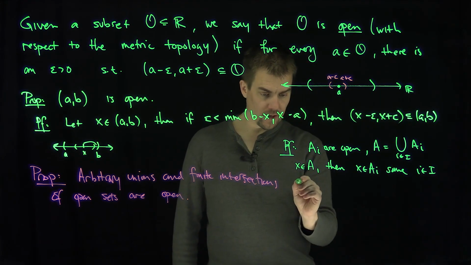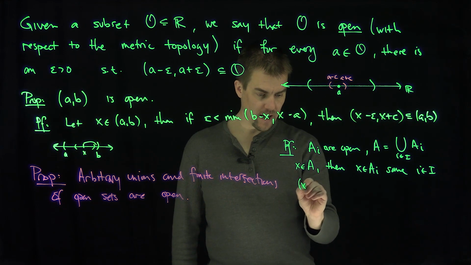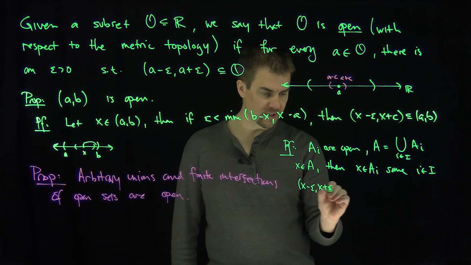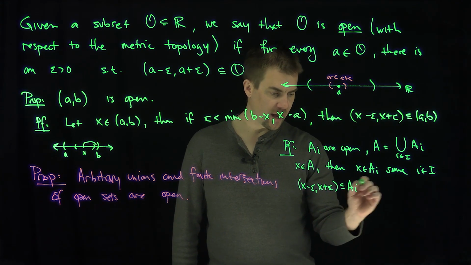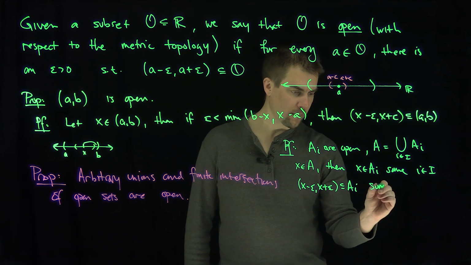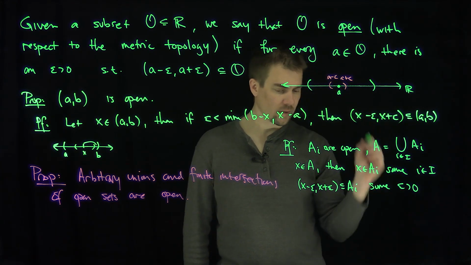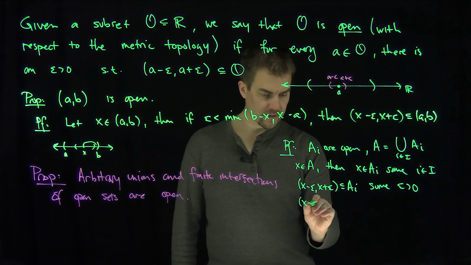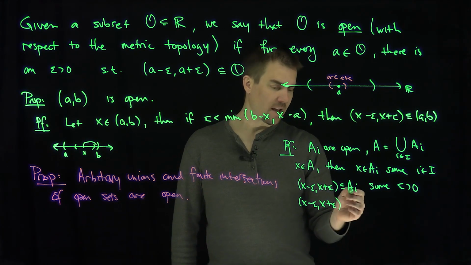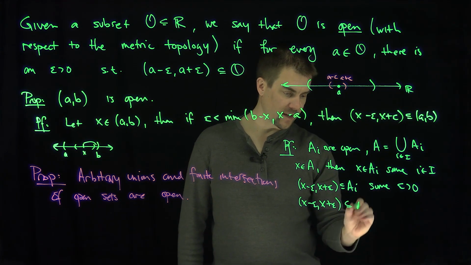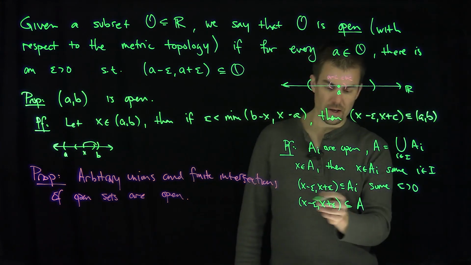And therefore, that tells me that there is an epsilon such that X minus epsilon, X plus epsilon is contained in A_i for some epsilon. And therefore, if it's contained in A_i, it's definitely contained in A because A is the union. And that proves that this union is open.